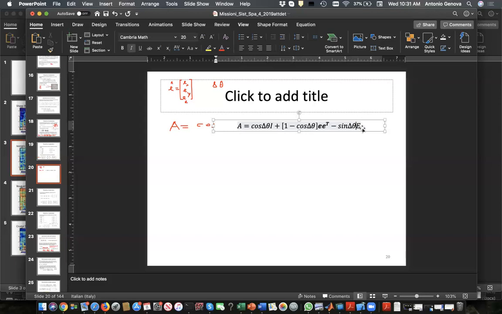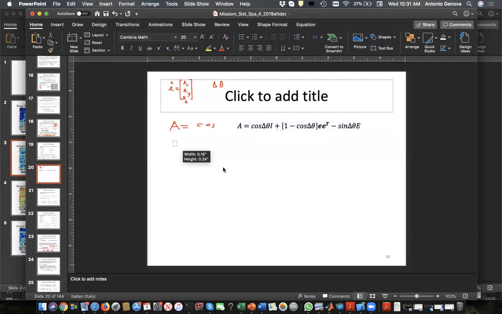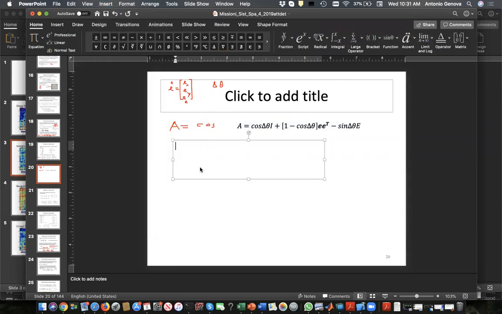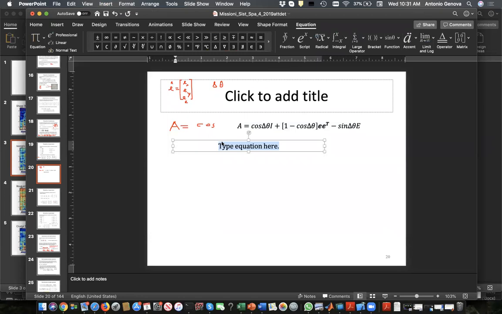times a matrix called E, where E, if we add another text box here, the matrix here is a 3 by 3 matrix that represents the cross product matrix of the vector of the instantaneous axis of rotation.